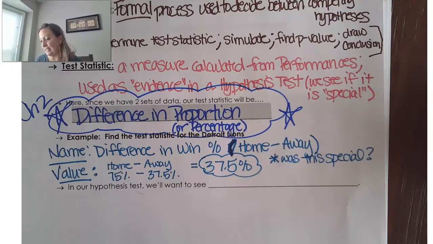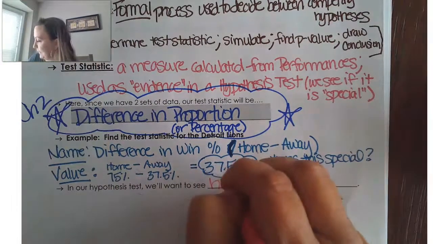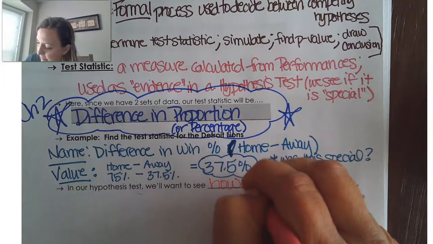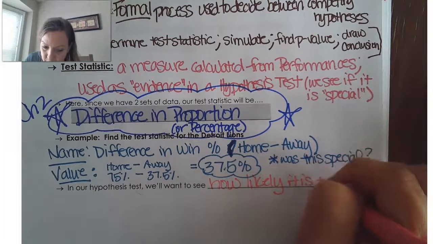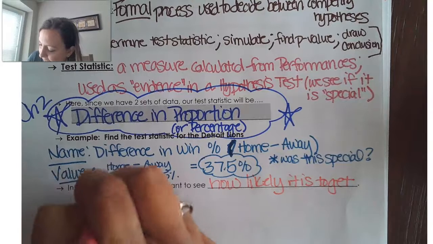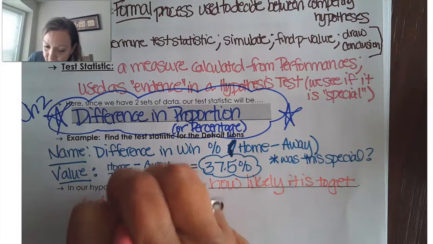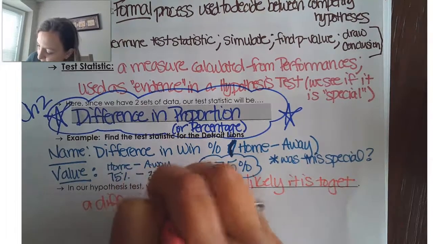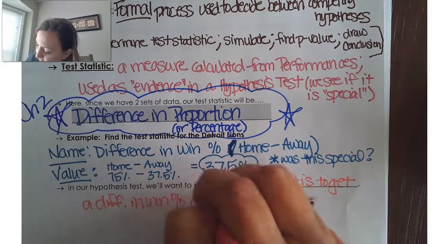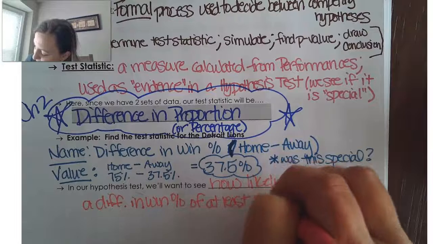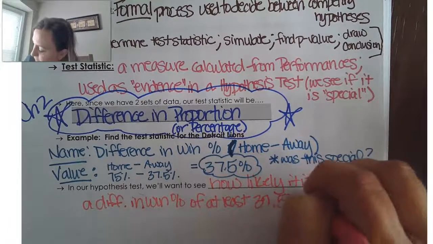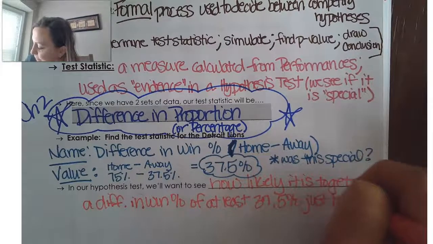So in our hypothesis test, what we want to do is see how likely it is to get a difference in win percentage of at least 37.5% just by random chance.